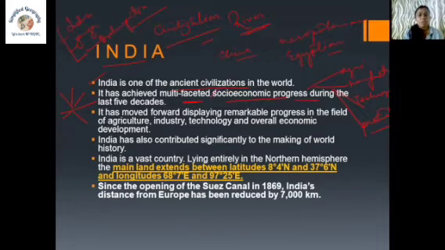Socio-economic: one word is socio, another word is economic. When your economy is good, then only your lifestyle will be nice and your standard of living will be good enough. That means who are there in our society?